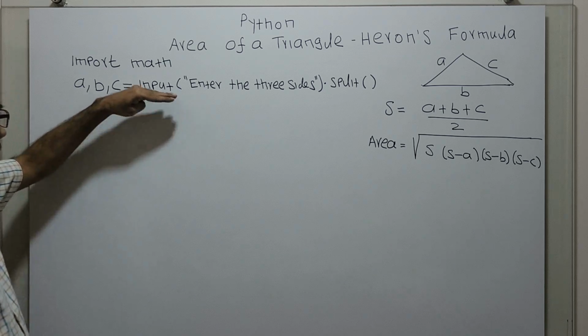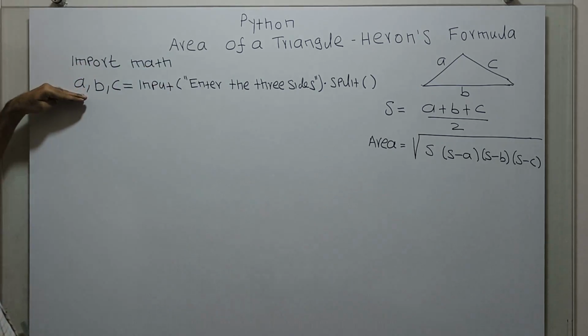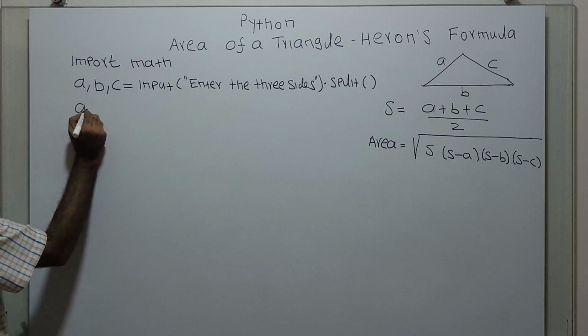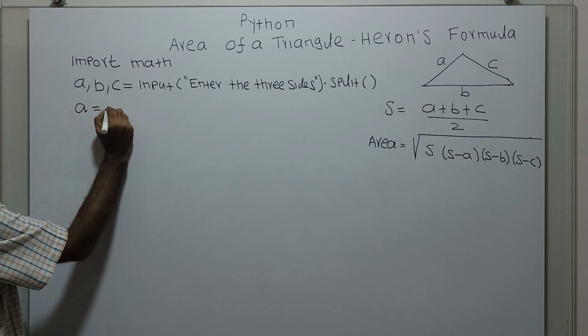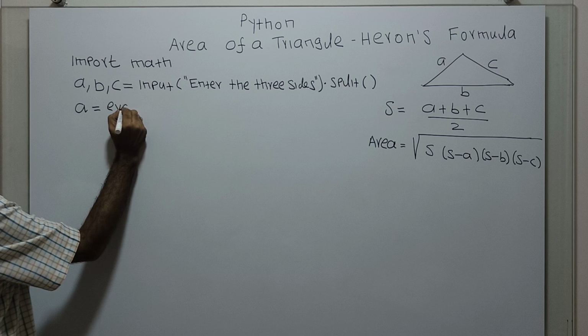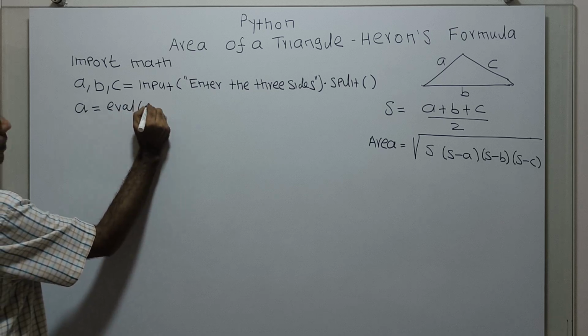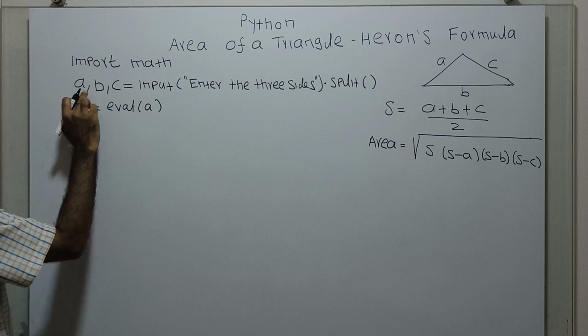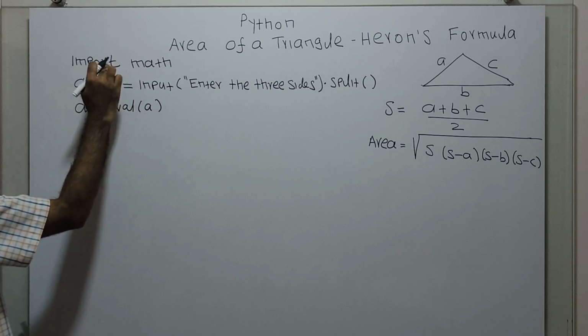So the input function returns all three values as strings. Before we perform the arithmetic operation, we have to convert them into an appropriate data type. For example, if we enter an integer, it should be an integer. If we enter a float, it should be a float. So for this, I am writing A equal to eval of A. My value A is a string because the input function returns a string.